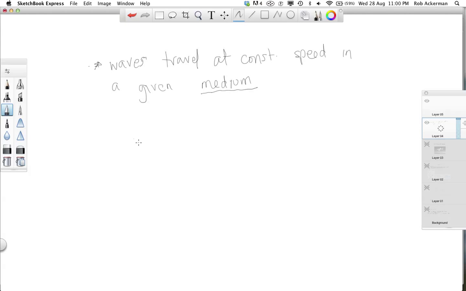So let's look at what that means. Since we know that v equals f lambda, therefore this number, the speed, is a constant. So a constant is equal to frequency times wavelength.